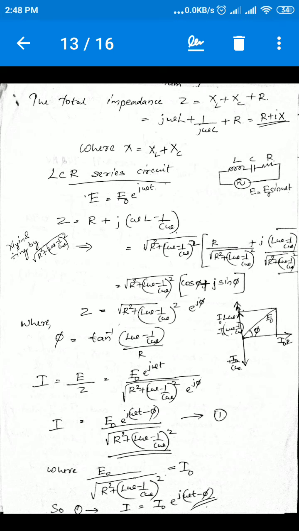Let it be X. X will be equal to j into L omega minus 1 by C omega. So when you take j out, it will be L omega minus 1 by C omega. So X is the total reactance offered by the inductor and the capacitor. So XL plus XC will be X.